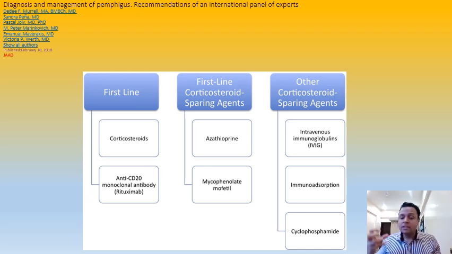They take out the cells, expose them to the light, and put them back into you. So there are various varieties: plasmapheresis, photopheresis.